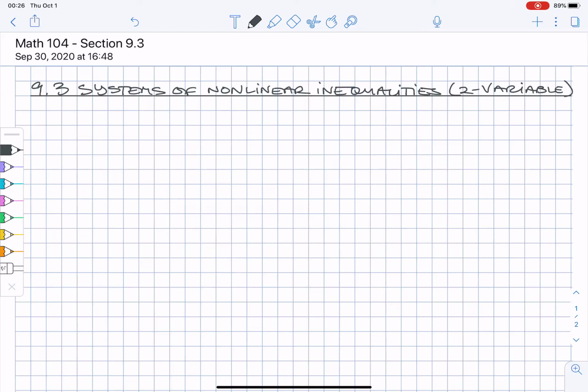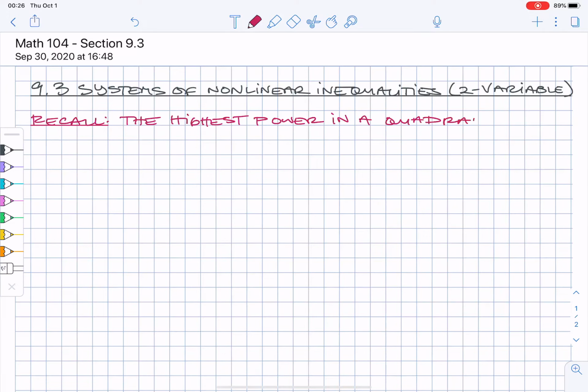Okay, so let's recall the highest power in a quadratic equation is 2.